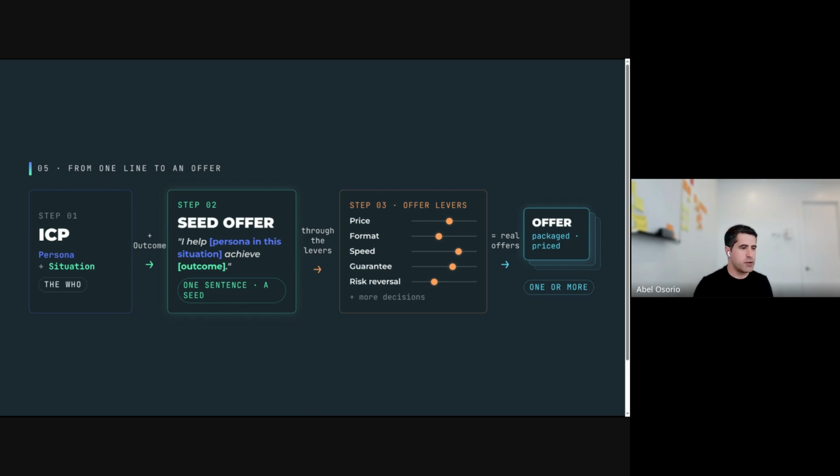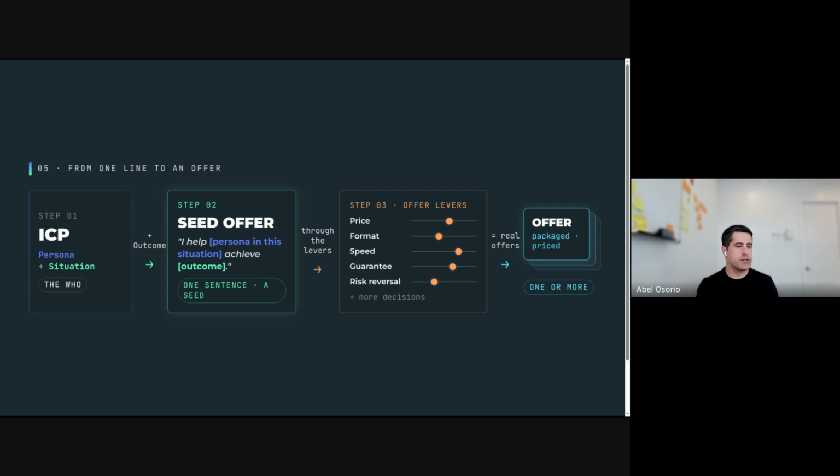For now, you don't need to know all of this. Just work on the ICP, make sure that the persona and situation are very strong. It's all about them, all about the pain they feel, the emotions they feel, and then add the outcome. This is the outcome that I can deliver. This is how I get them out of the situation they are in.